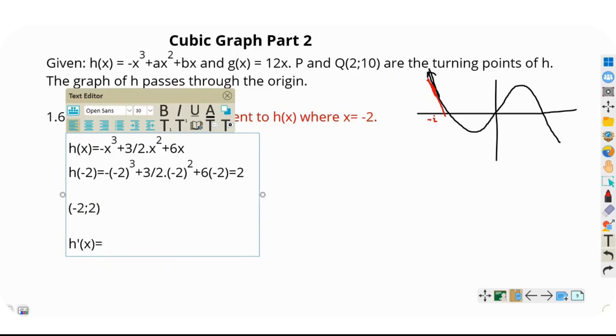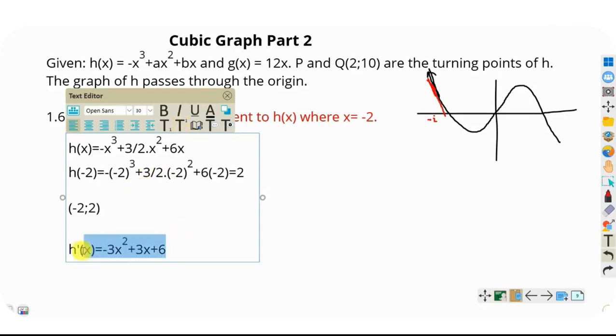So the derivative equals minus 3x squared plus 3x plus 6.